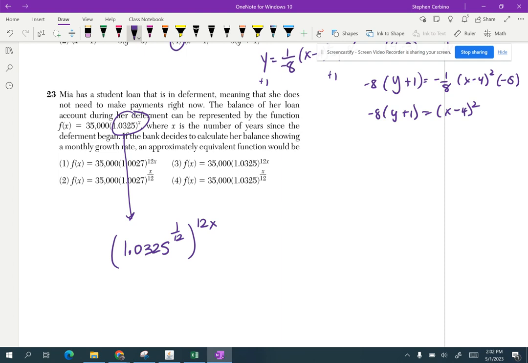So right away, we know it's not choice 2 or choice 4 because it has the wrong exponent. It's also not choice 3 because it has the wrong decimal, because I know just by knowledge of numbers, 1.0325 to the 1/12th power is not going to be 1.0325. If we type it in the calculator, we see it comes out to be 1.0027 rounded.